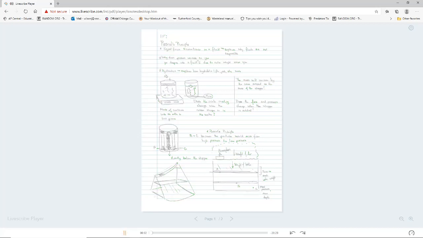Okay, so we're going to be talking about Pascal's principle. And Pascal's principle is the key. This is 1F, for those of you keeping track.